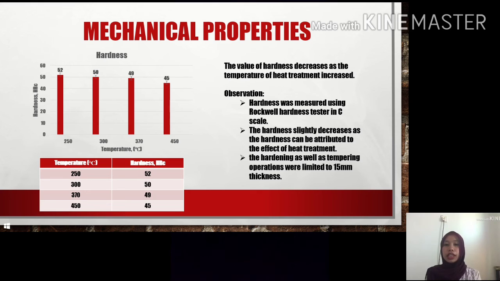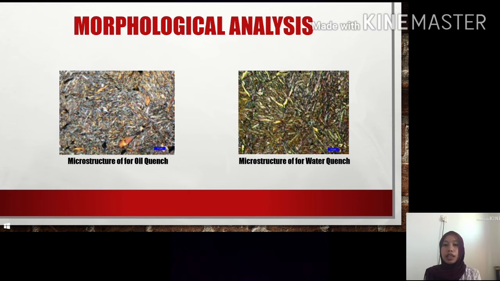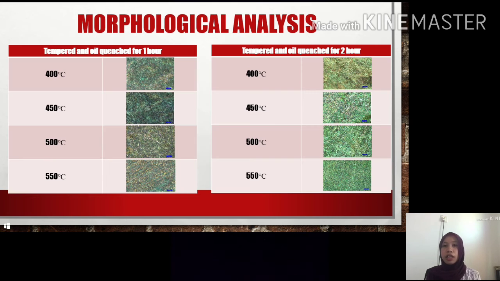The morphological analysis is of the microstructure of the oil quench and the water quench. Both show that the microstructure is martensite and retained austenite. The morphological analysis shows that the structure of ferrite and epsilon carbide are formed at 400 degrees Celsius and 450 degrees Celsius for each tempering time.